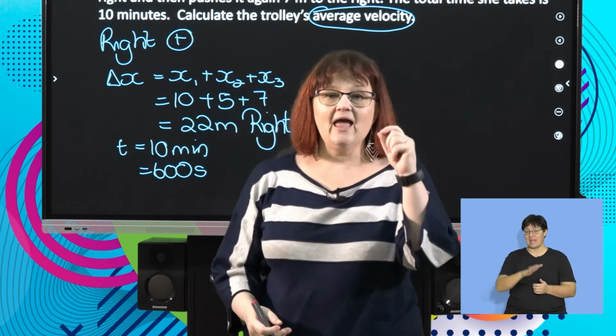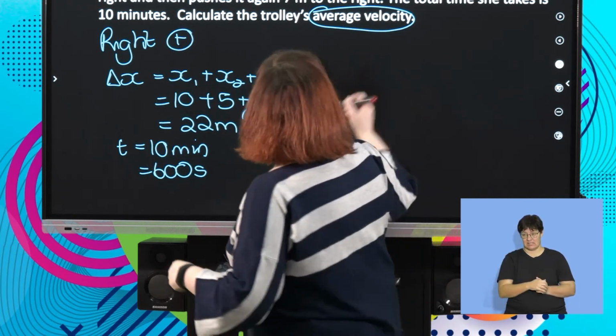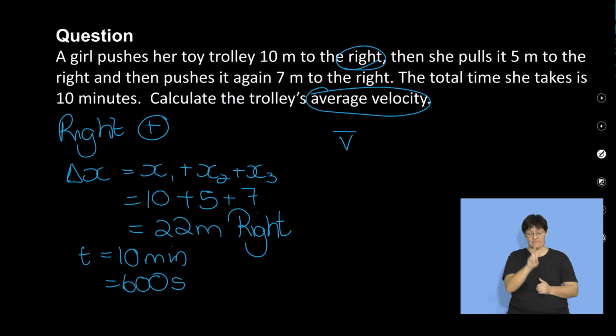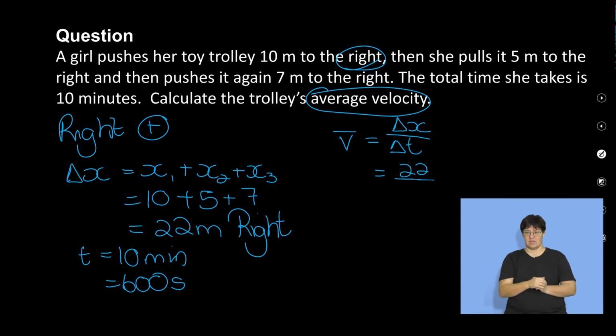They wanted average velocity. I have to use the v with the line over it. If I don't use the line over it, it doesn't mean average and the equation's wrong. That's going to be her change in displacement over her change in time. So she went 22 meters in 600 seconds.